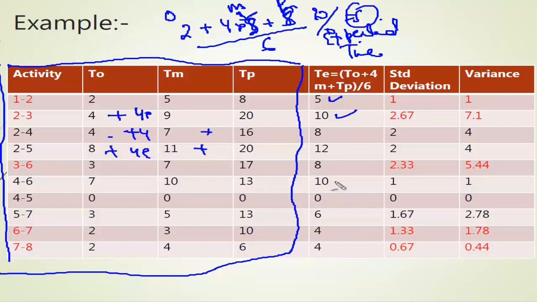Like for example, we have 4 into 4 is 16, 16 plus 6 is 22, plus 2 is 24. So 24 divided by 6, that's going to be 4.